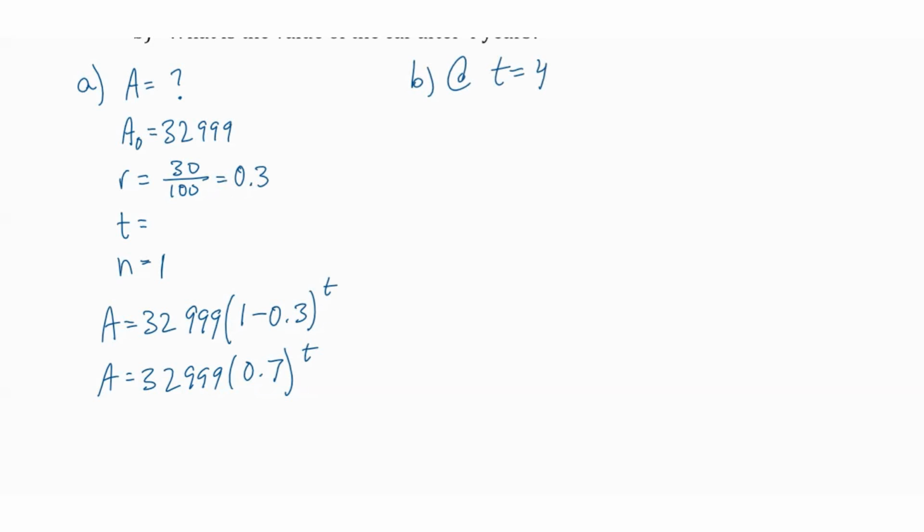Part B is when T is 4. And again, it's money, so we would round to 2 decimal places.